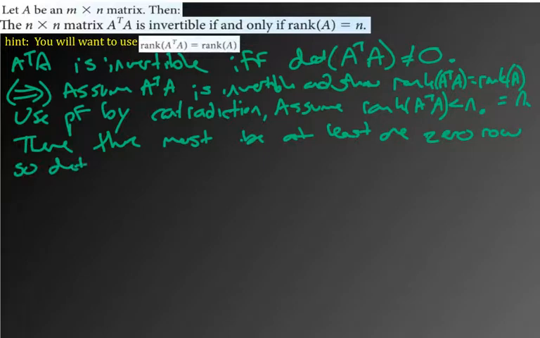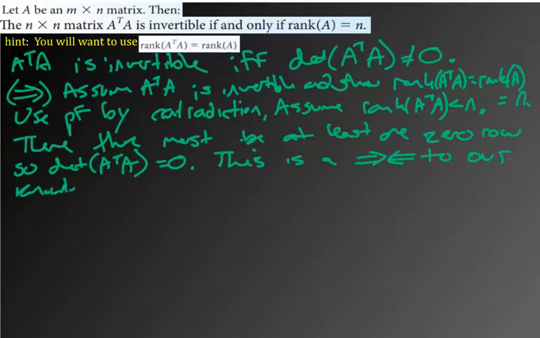So the determinant of that A transpose A matrix must equal 0, right? If you did a determinant in any matrix where there's a 0 row, when you expand along that, you're going to kill off all the cofactors, and the thing will be 0. And this is a contradiction to our knowledge that the determinant of A transpose A doesn't equal 0. Okay, so that means that we've proven the first direction, right?